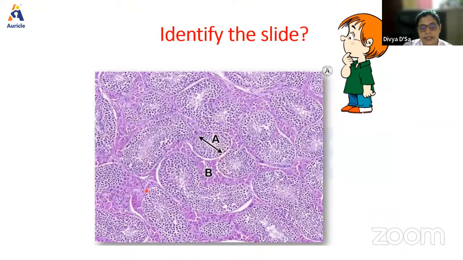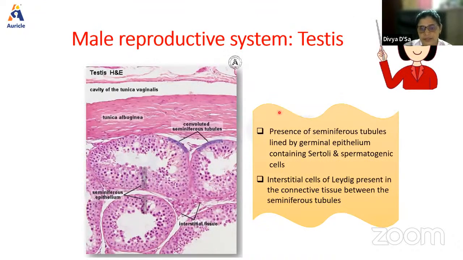Next, what is this slide? We can see sections, and within, we are seeing cells at different stages, and these cells here are Sertoli cells. When we see this, we have to identify it as testis. The section is a cut section of the seminiferous tubules. The outer covering we can see here is the tunica albuginea.